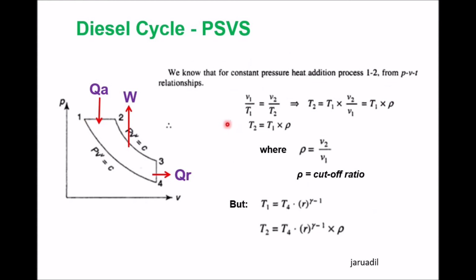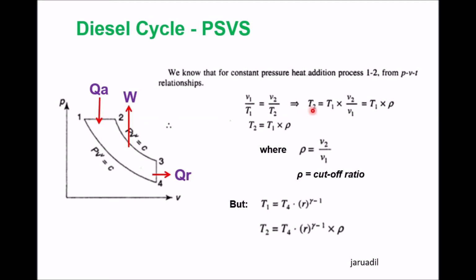Then we go to process 1 to 2. For process 1 to 2, we have a constant pressure process. That means V1 over T1 is equal to V2 over T2, or at constant pressure, V over T is equal to a constant.